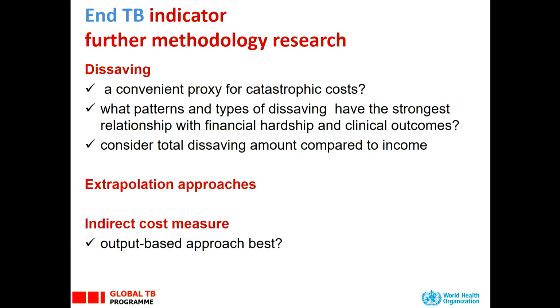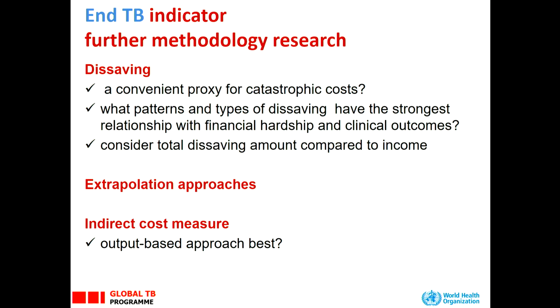There is also further methodology research that can be done with the data collected through this protocol and survey. In particular, on dissaving, we can test whether it is a convenient proxy for catastrophic cost or not, what patterns and types of dissaving have the strongest relationship with financial hardship and clinical outcomes, and also consider whether any type of dissaving is a proof or a sign of catastrophic cost, or whether a certain amount would be compared to income.